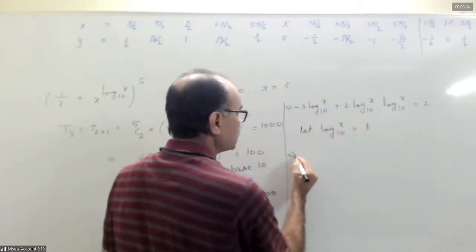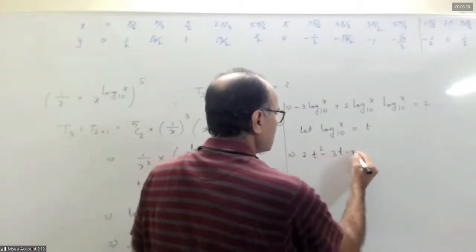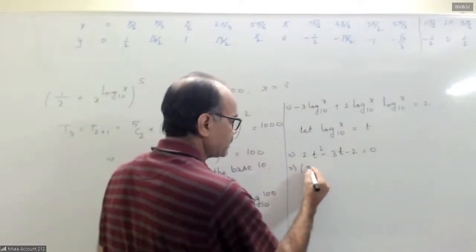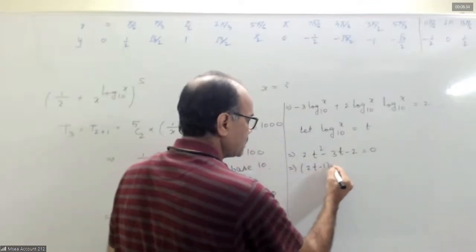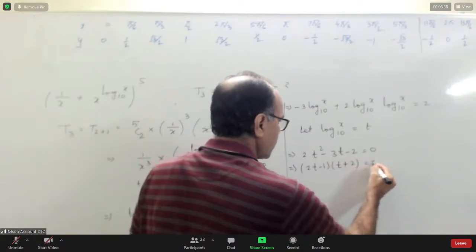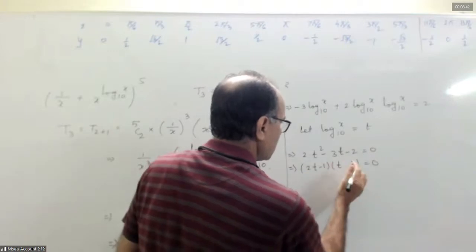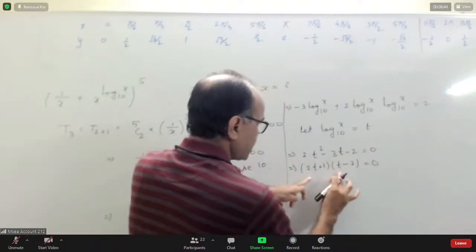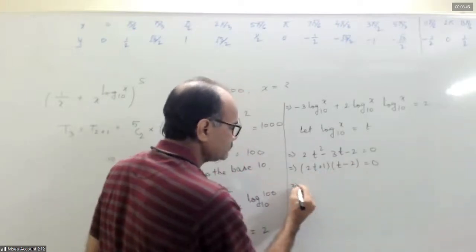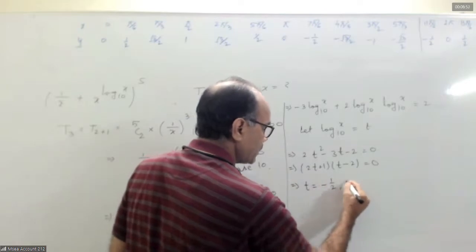This becomes 2t square minus 3t minus 2 equals 0. 2t plus 1 into t minus 2: 2t square minus 4t plus t, correct. t equal to minus 1 by 2, comma 2.